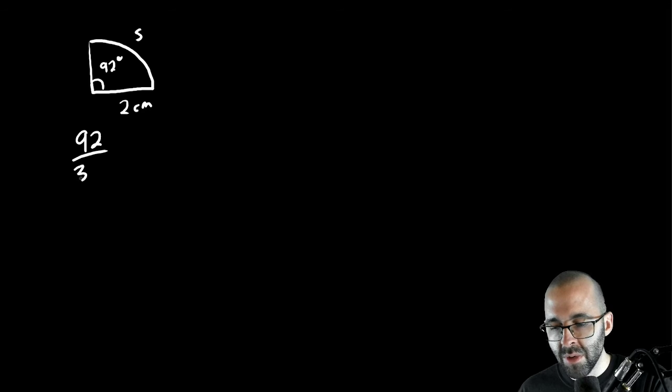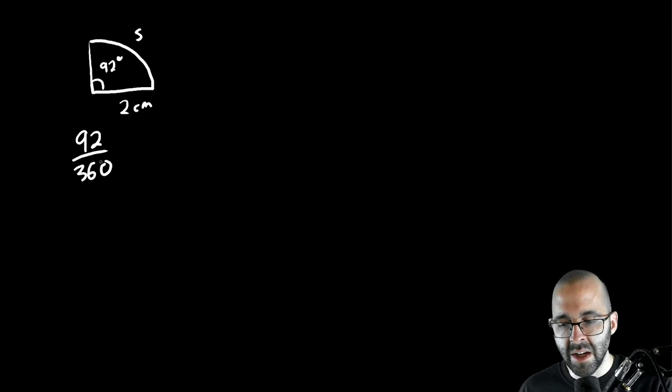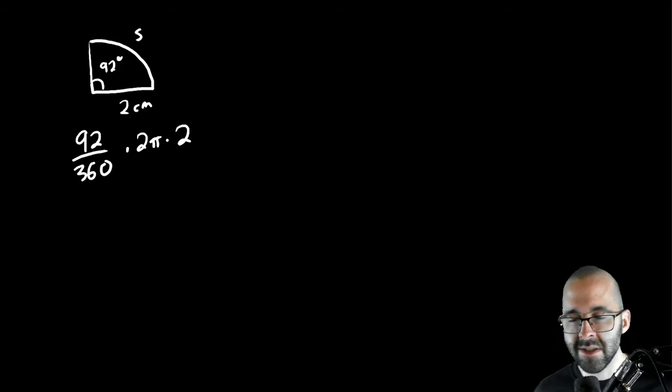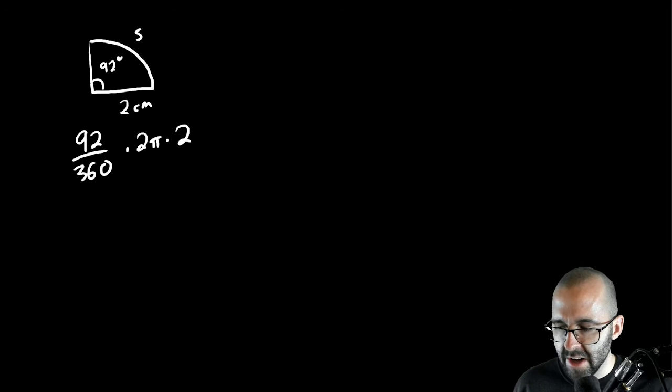We're 92 out of 360. What's the circumference of the whole circle? We'll take that percent of the circumference, which is 2 pi times r, which is 2. And notice that this is almost exactly the same as the other one. The difference is that here we're converting it into radians. So we really are just converting it to radians if we solve this problem with degrees. And that may or may not come up. I don't actually remember off the top of my head.